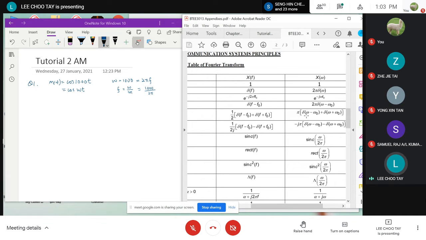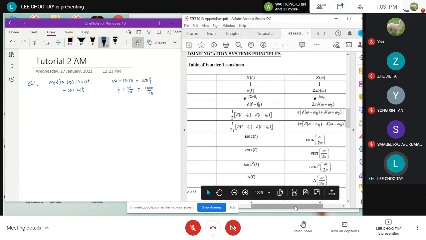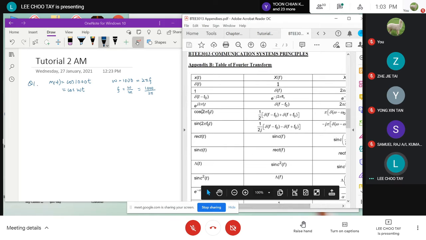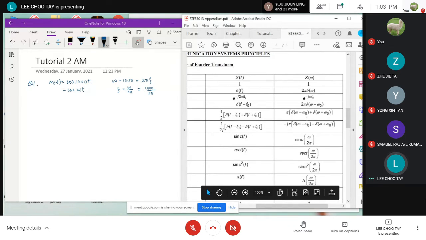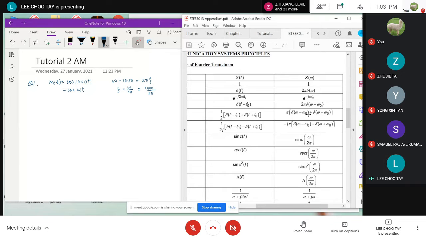So as far as this expression is concerned, this term inside the bracket is 0 when omega is equal to omega naught. Yeah. And this term is 0 when your omega is equal to minus omega naught. All right. So for any cosine signal in the time domain, you are going to have two impulses in the frequency domain. All right. So this is the value for f, and this is the value for omega.